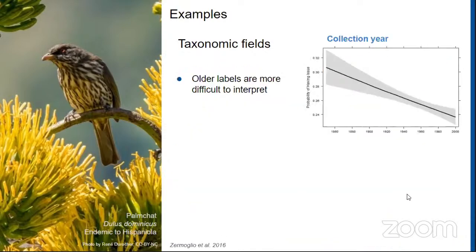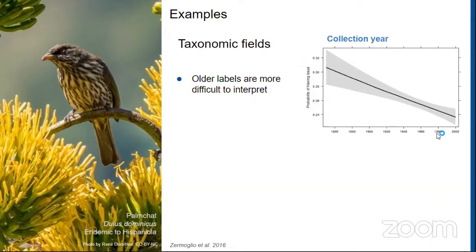And what was interesting about this study is that the authors tried to understand which could be the drivers for these errors. And so, for example, they looked at the collection year here. So in the y-axis, there is the probability of having a problem in the name.